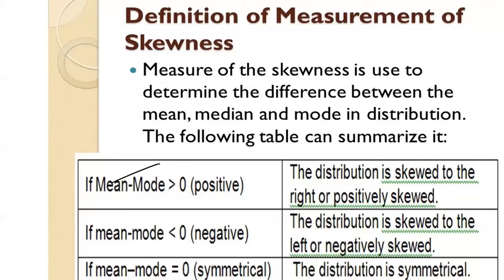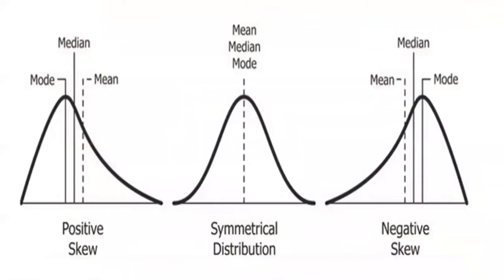And if the mean minus median or mode is equal to 0, the distribution will be symmetrical. Here any sort of skewness will not exist. Now let's understand one by one.